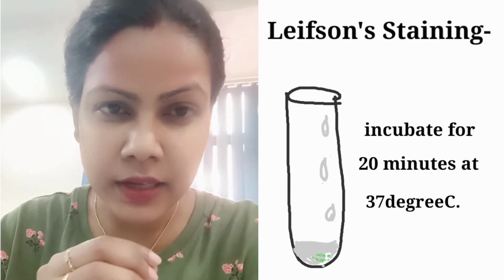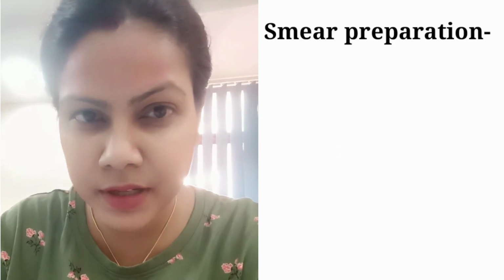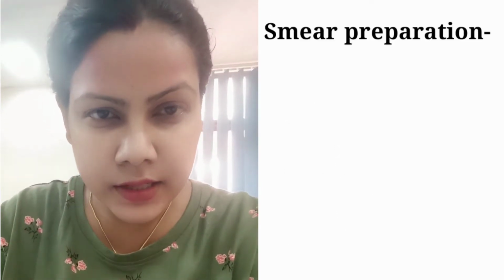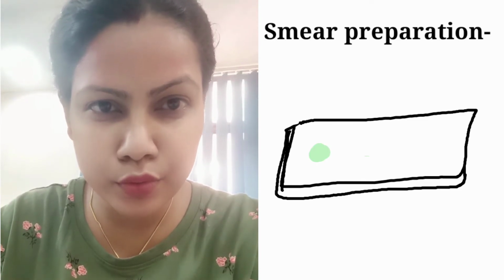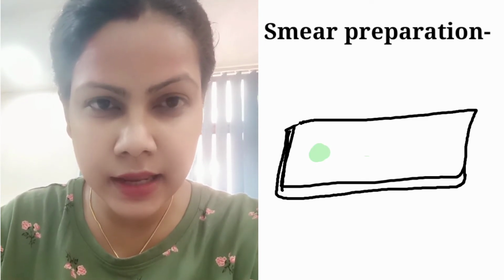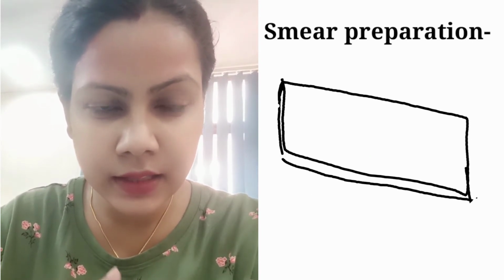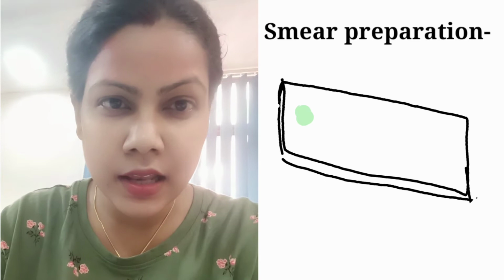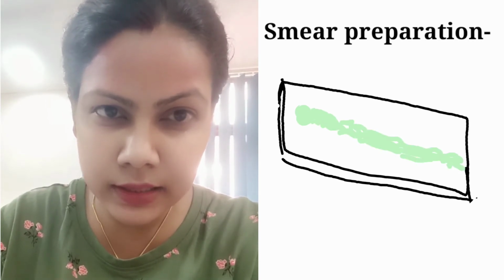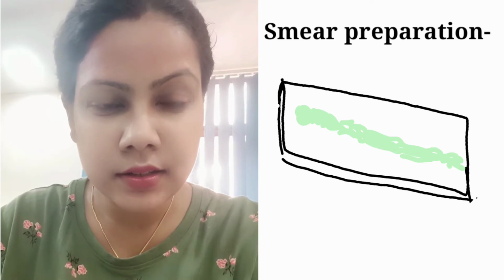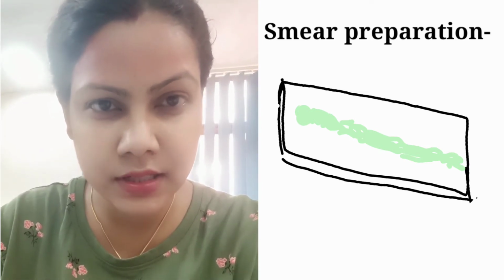for making a smear. Now, what is the step of making a smear? Take a clean slide, add 1 to 2 drops of suspension, tilt the slide, and allow the suspension to flow in its own way under the effect of gravity.